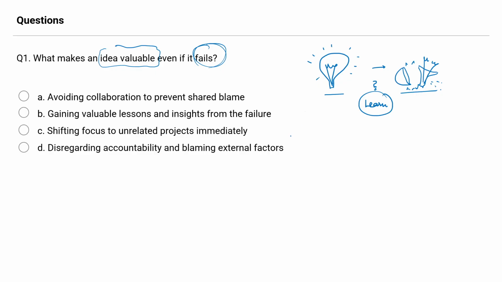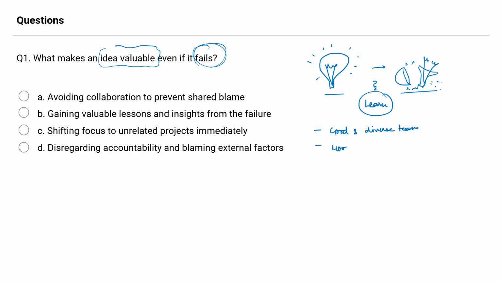Now, see, a lot of things are critical. Since we have already gone through the content, you will be realizing that having a good and diverse team is very critical in order for that idea to be successful.